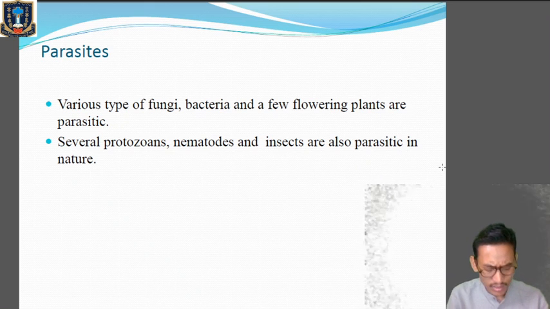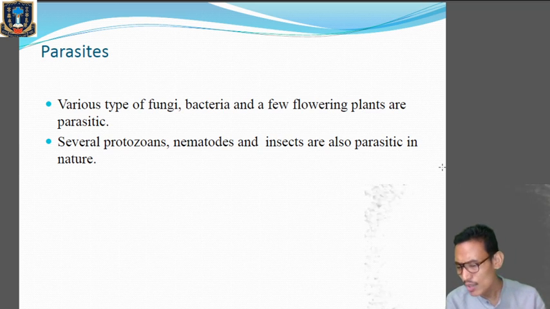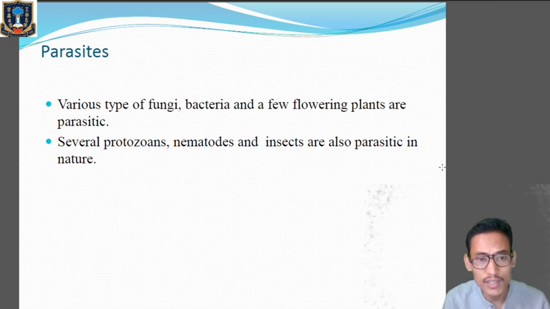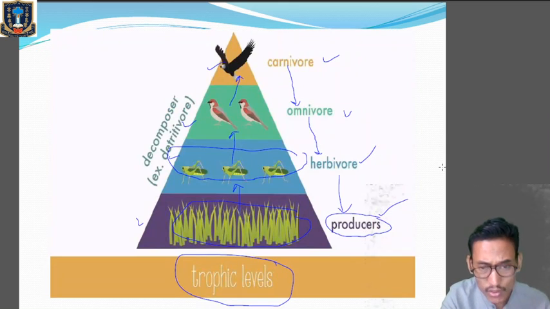So due to this delicate equilibrium, a balance is maintained in our ecosystem. If any one of the organisms becomes extinct, then the whole stability, the whole equilibrium will be disturbed. For example, let's go back to the previous diagram, the trophic levels.